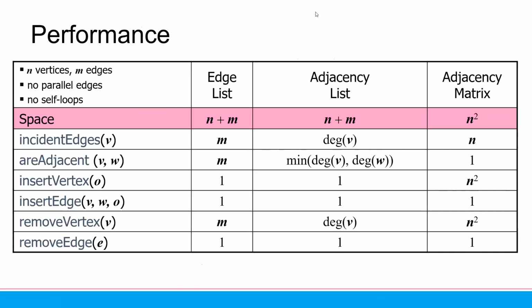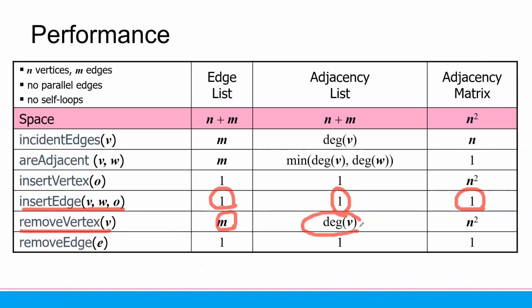If we want to insert an edge, in the edge list structure we just have one time. The adjacency list also has only one time. When we deal with the adjacency matrix, we also have one. If we want to remove the vertex, it depends on the number of edges.